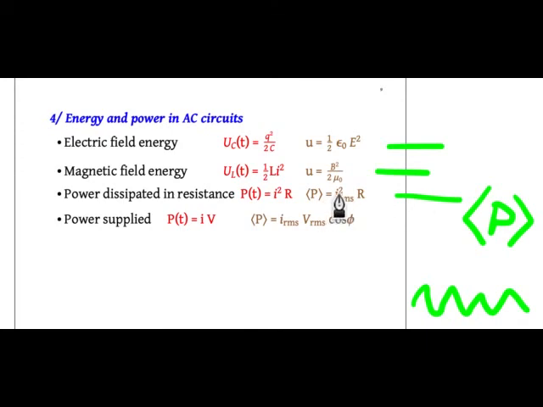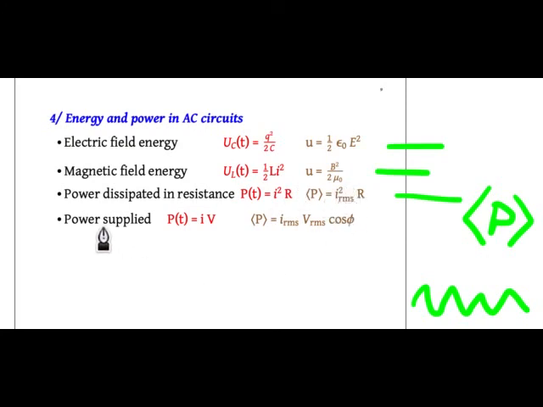So that's I squared R, but not the instantaneous current, the root mean square value of the current. It's the mean value of I squared, or the root mean square squared.